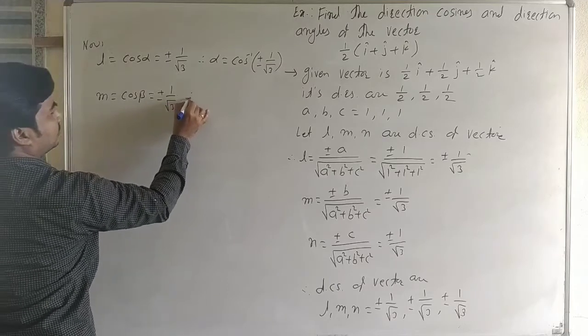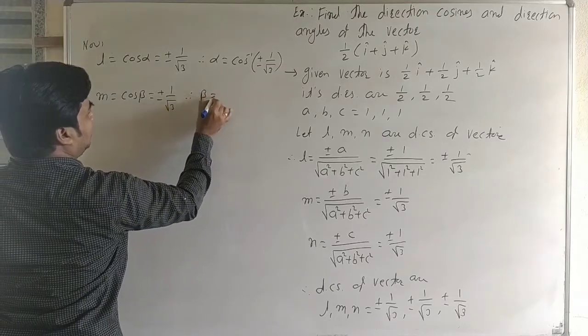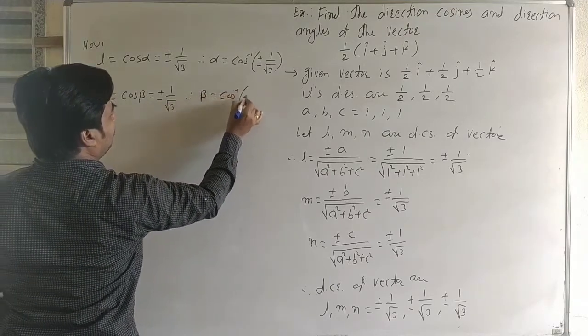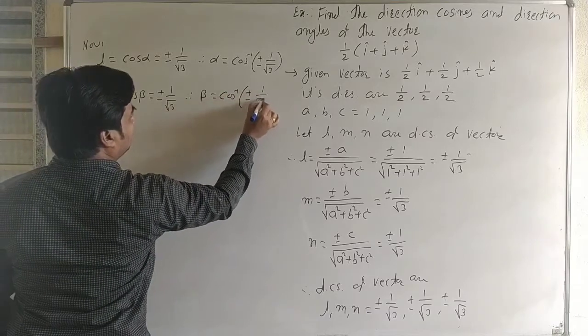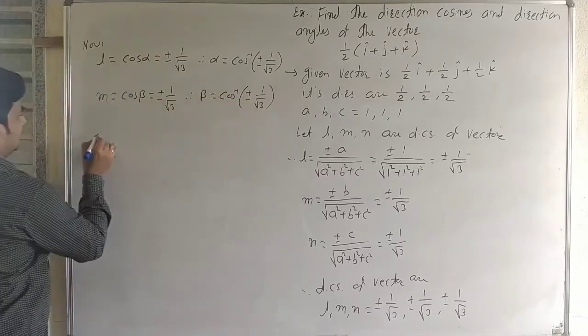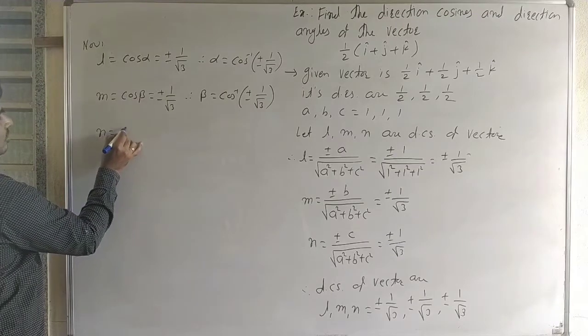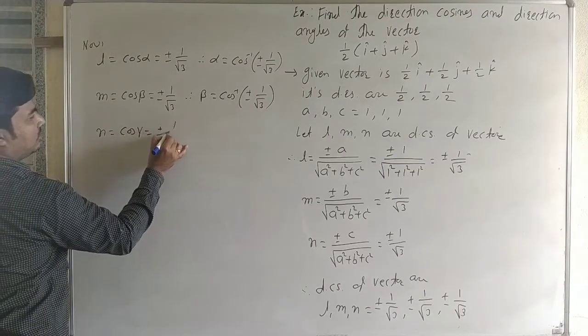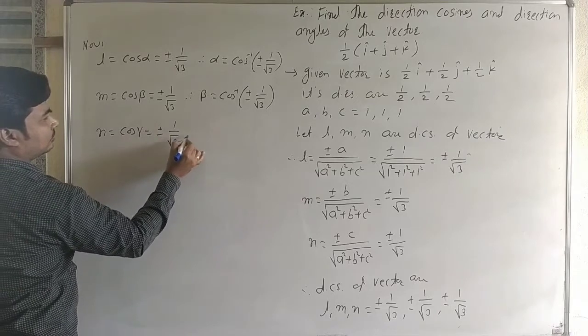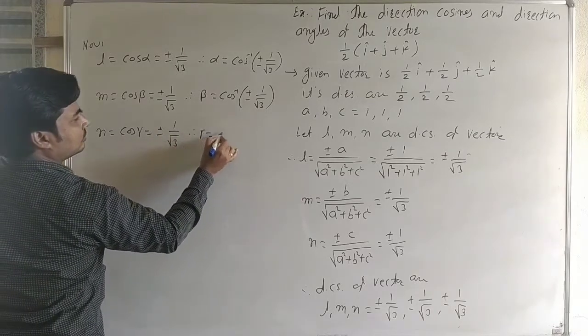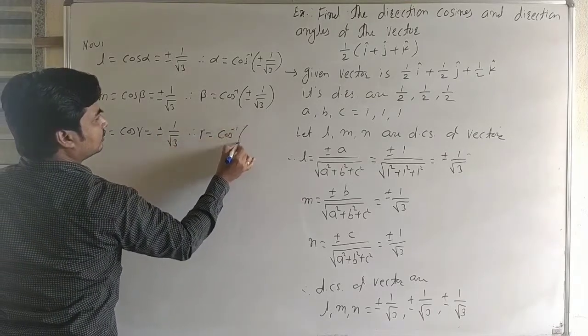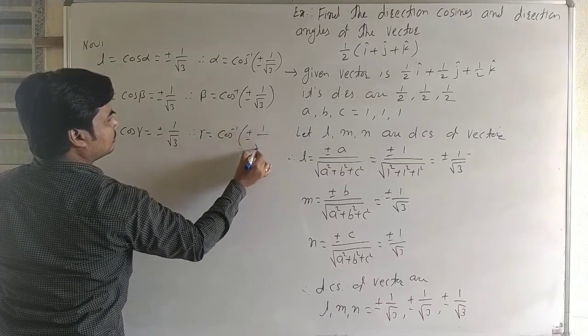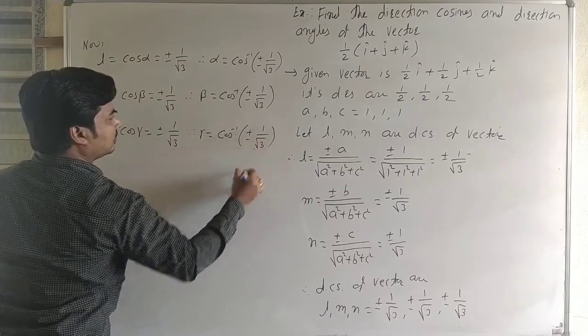And then beta is equal to cos inverse of plus or minus 1 by under root 3. And gamma, it is cos inverse of plus or minus 1 by under root 3. Okay.